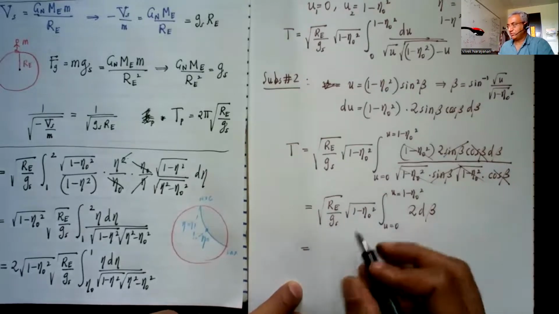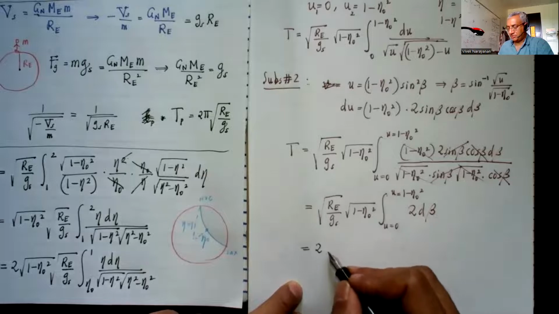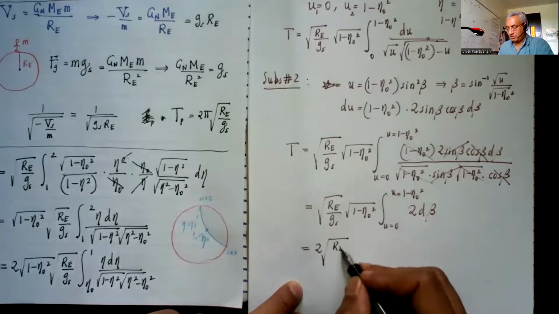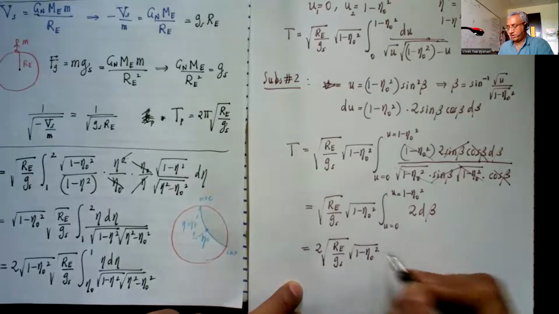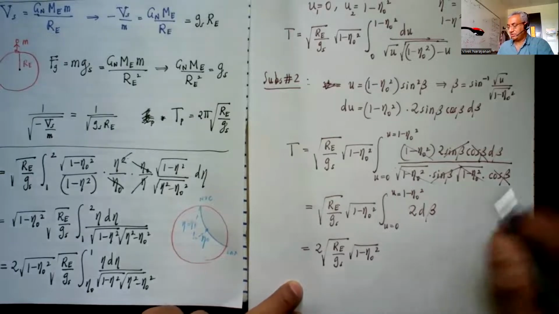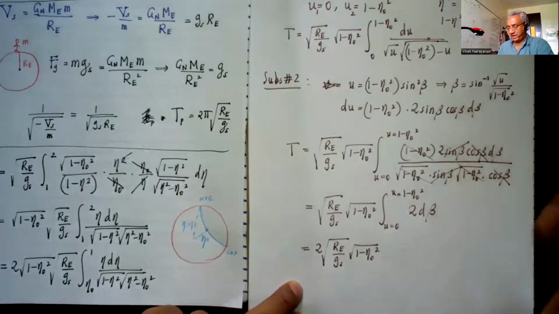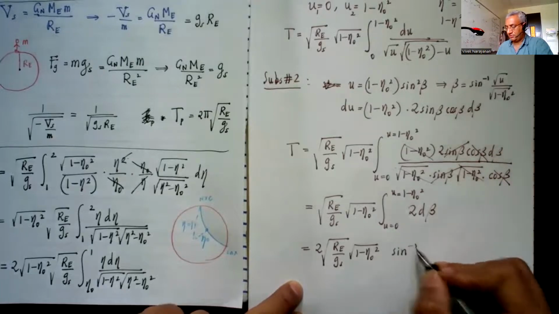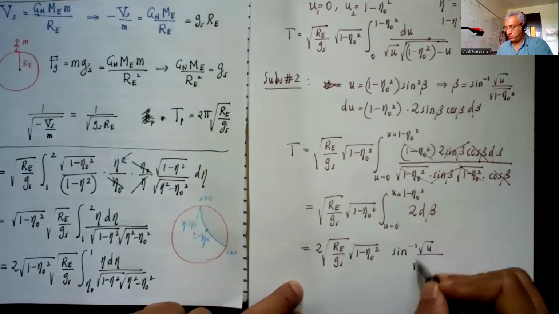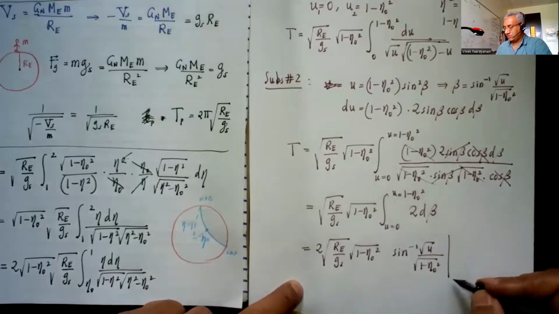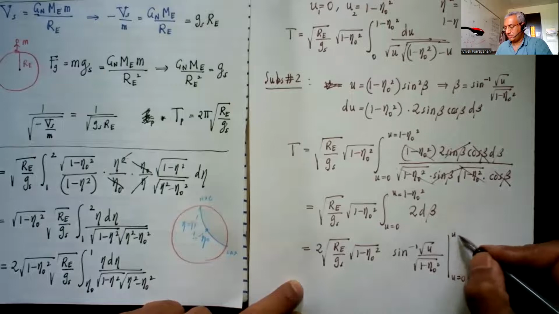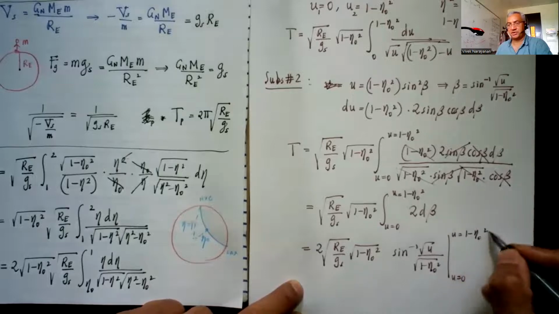The 2 comes over here, so I get 2 root r sub e over g sub s, square root of 1 minus eta naught squared, d beta, which integrates to beta, which is that. So sine inverse root u over root 1 minus eta naught squared, between the limits u equals 0 and u equals 1 minus eta naught squared.